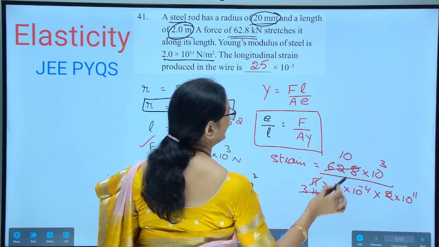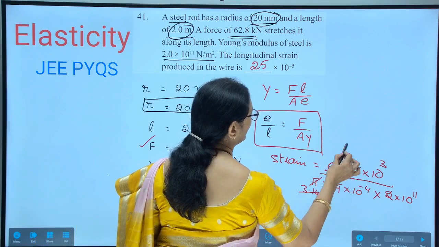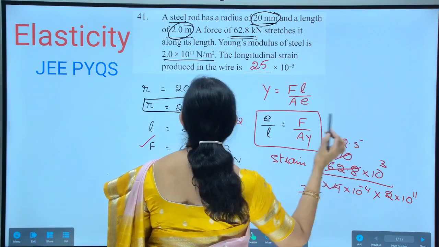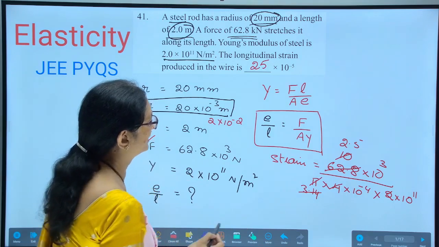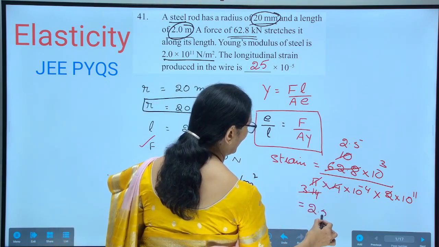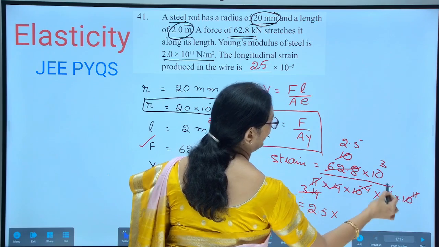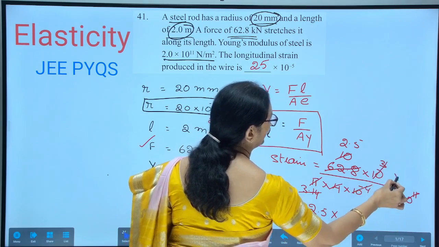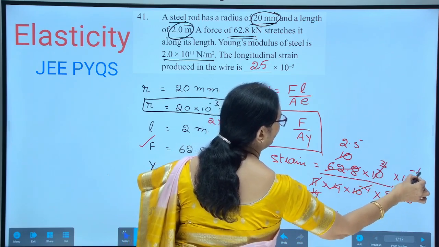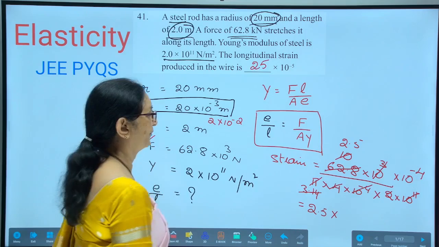It gets cancelled 10 times here. So, 10 by 4 is 2.5. Right? 10 by 4 is 2.5. So, now this is 2.5 into 10 to the power of 7. If it goes to the numerator, 10 to the power of minus 7 into 10 power 3, 10 power minus 4.